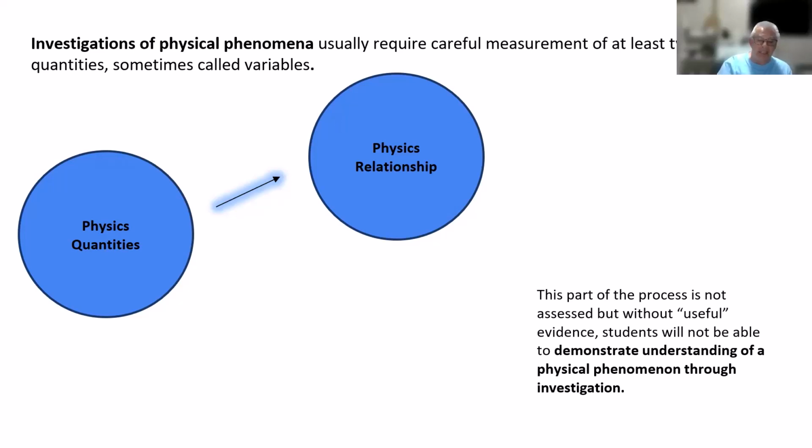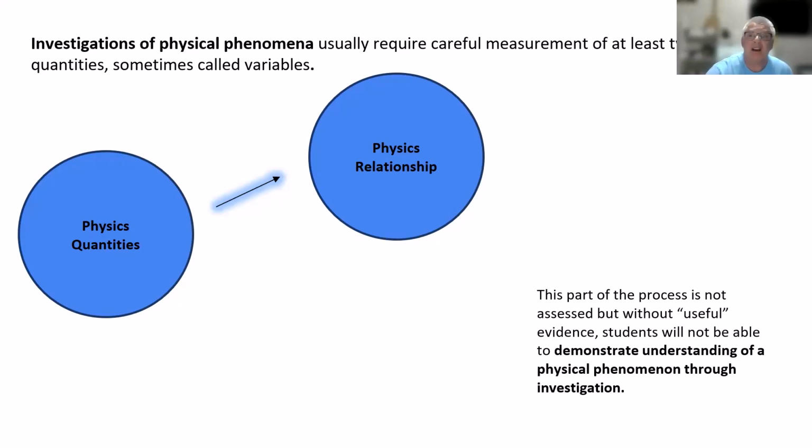My biggest fear as a teacher is, what happens if they don't gather useful evidence? What happens if their experiment is a mess? Yeah, that's something we're going to have to work through long term.